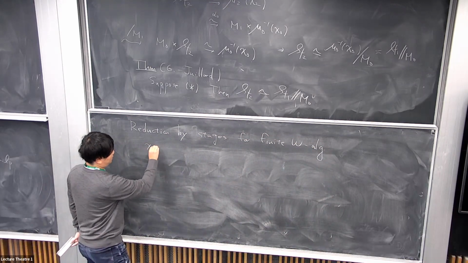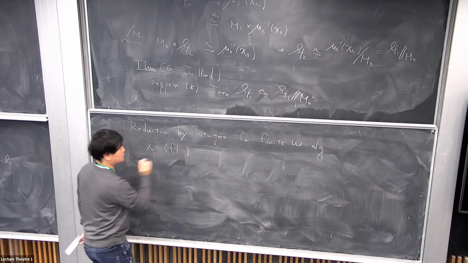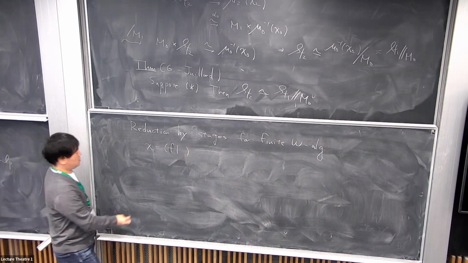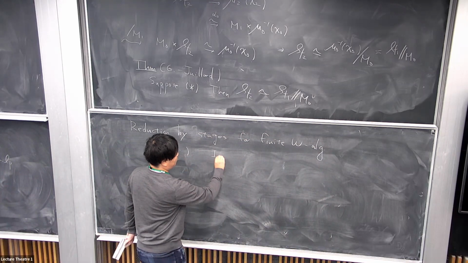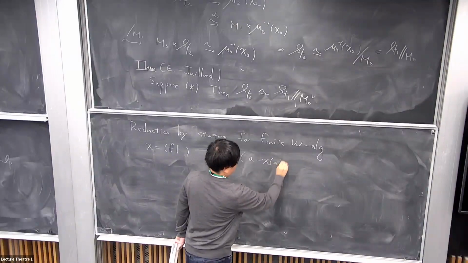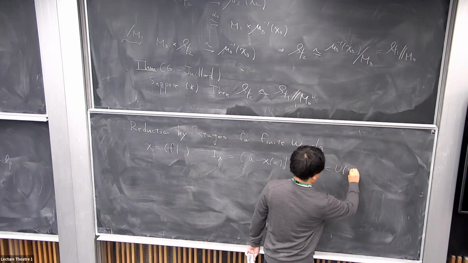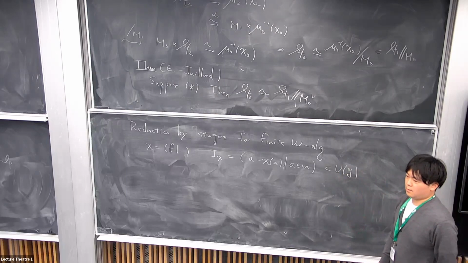We recall that chi is just a pairing with f. Oh, I should write precisely here. And then we want to write I_chi. This is a two-sided ideal in the universal enveloping algebra.